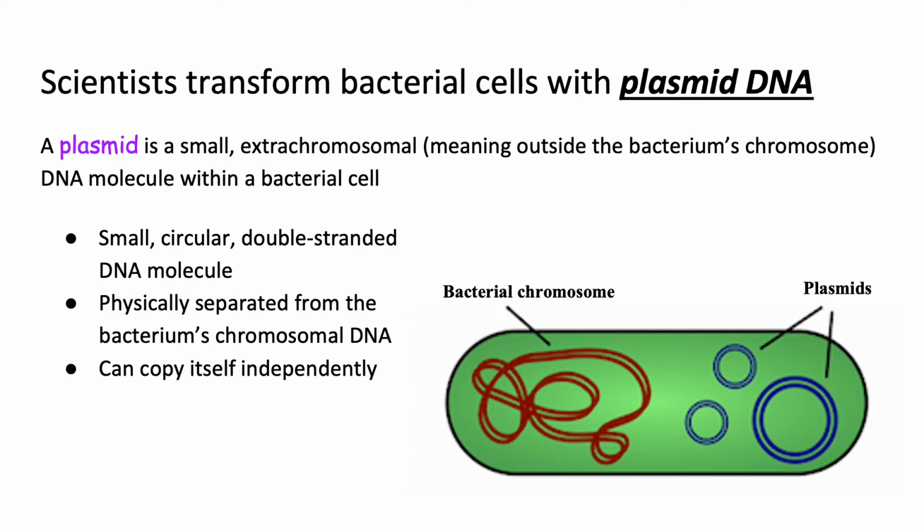They're small, circular, double-stranded DNA molecules, physically separated from the bacterium's chromosomal DNA, and they can also copy themselves independently of the bacterial chromosome.